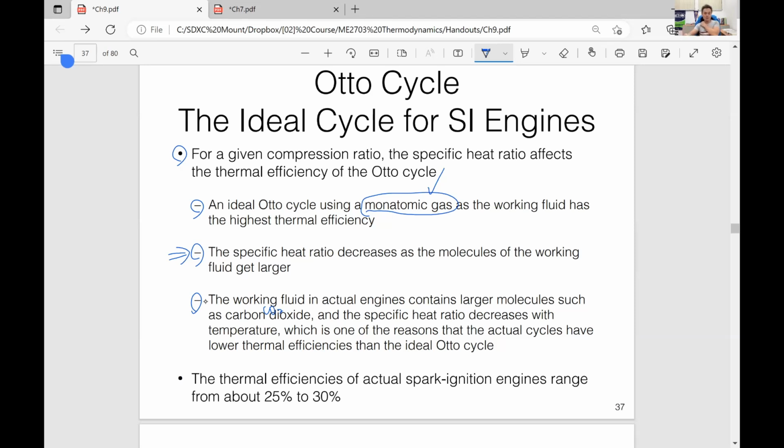So if the gas contains carbon dioxide, then the specific heat ratio would be smaller than 1.667. This is another point: the specific heat ratio decreases with temperature. So when temperature is higher, the specific heat ratio decreases.